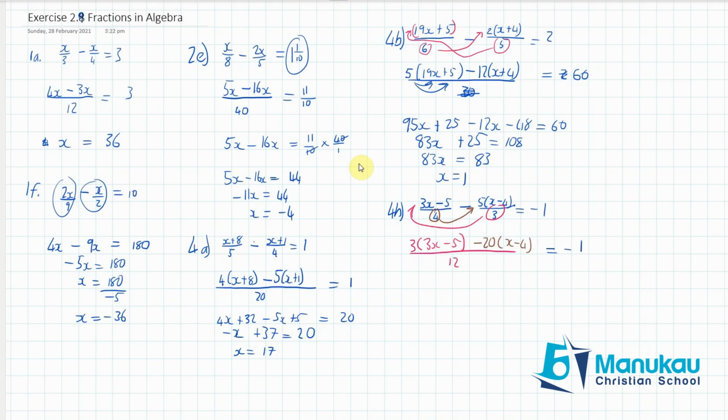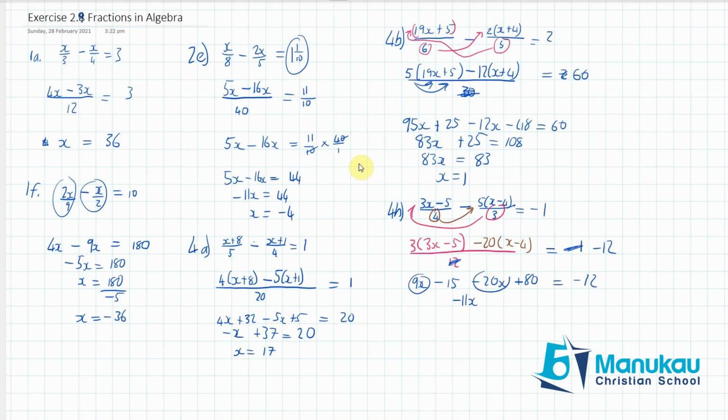Next line, I'm going to expand the bracket, and I'm timesing both sides by 12, so that ends up minus 12 on that side. Let's expand the brackets. 9x minus 15 minus 20x plus 80 equals negative 12. So I get negative 11x when I gather my like terms.